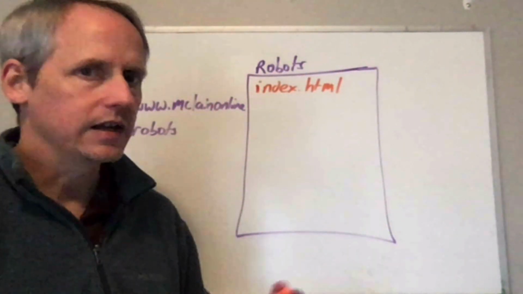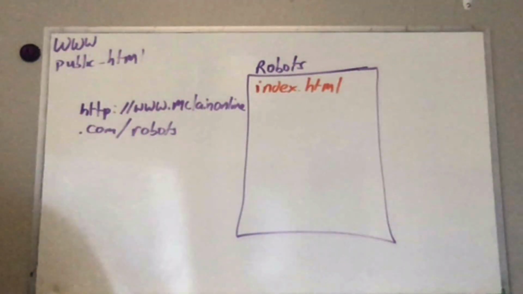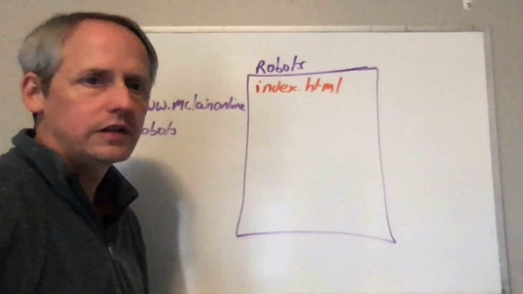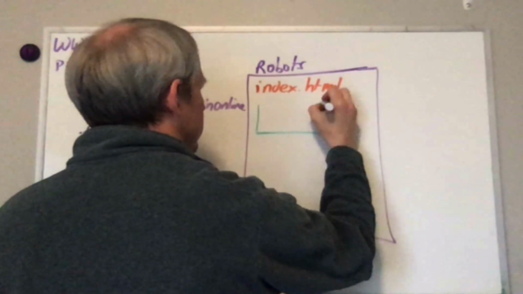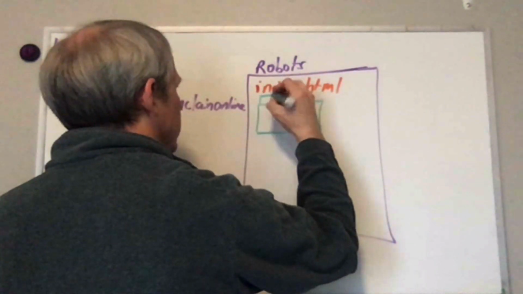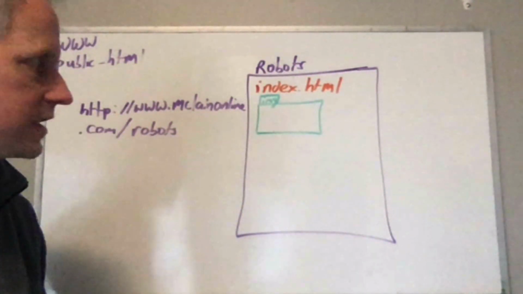We don't get to see that, but that's the way it works. And then inside of robots, we might have another one called images, for instance. I'm going to say img for the sake of that small space I've given it there.